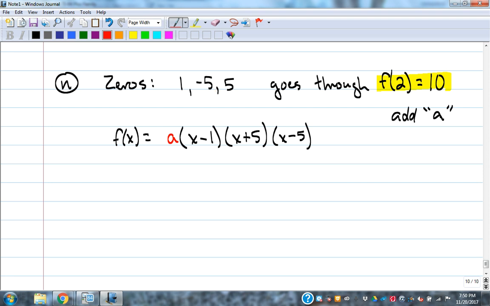Okay. Now, f of 2 is equal to 10. So the 2 is actually what in this problem? It's the x. So I can find out what a is before I even start. It's actually easier to find out what a is right now than it would be to do it at the end. So if I know x is 2, I can do this. And then I know when I plug a 2 in, I'm supposed to get 10.